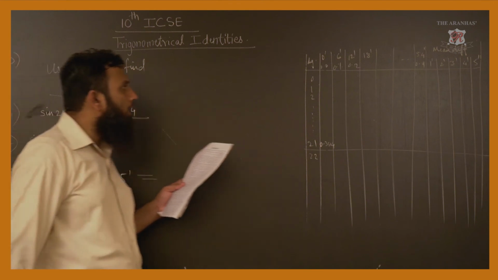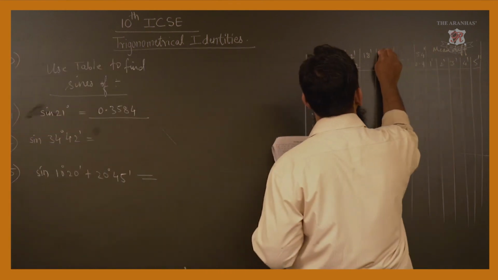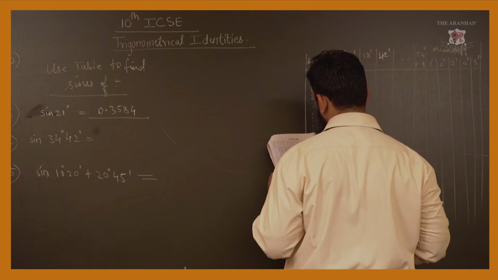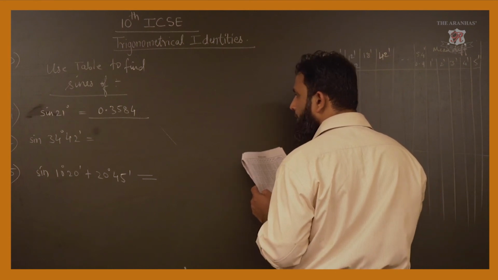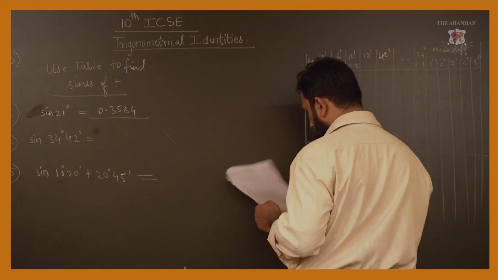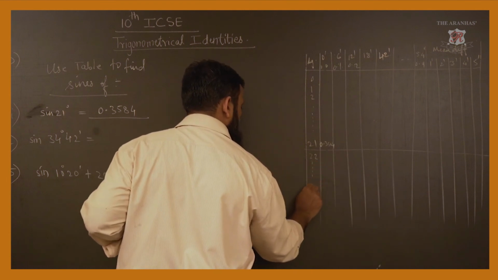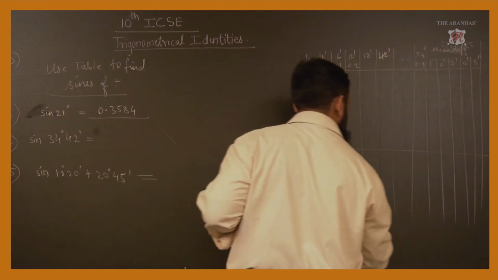Then comes 34 degree 42 minutes. 42 minutes will be available here somewhere because it is a multiple of 6, and it is for 34. So, like that I will go up to 34.